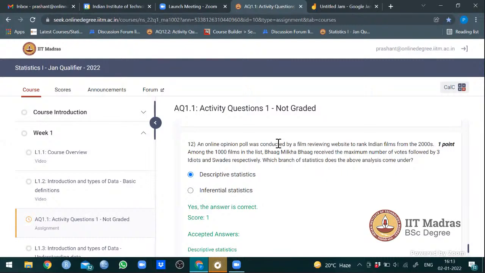See, if you read the next line, among the 1,000 films in the list, and the online opinion poll was conducted by 2000. Yeah, it's a year. Don't go with the confusion. It's a year, and 1,000 films were in the list. And out of these 1,000 films, Bhaag Milkha Bhaag received the maximum number of votes. Okay. Yes, sir. So is your doubt clear, or should I explain anything? Sir, clear. Okay, fine.